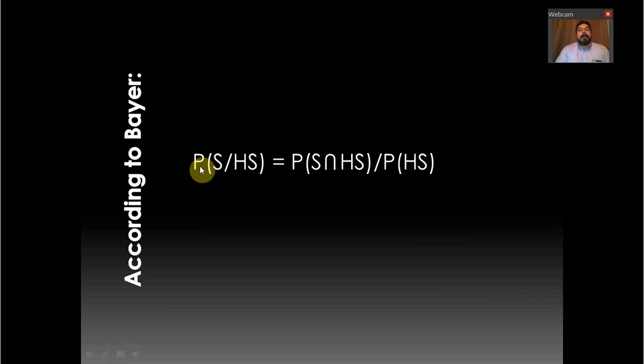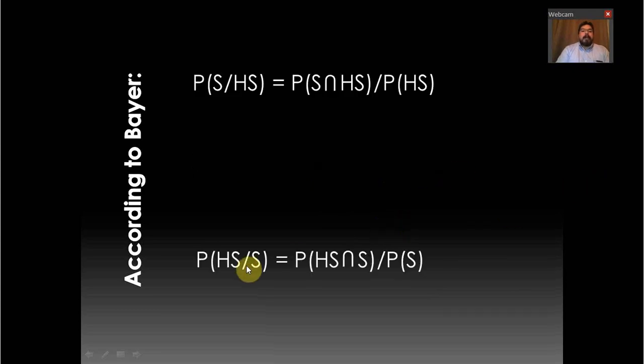According to Bayes, the probability of success due high sales is the probability of the intersection of success and high sales divided by the probability of high sales. And the probability of high sales due success is the probability of high sales intersection with success divided by the probability of success.